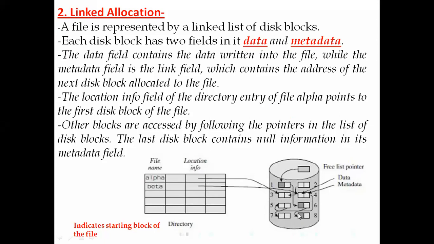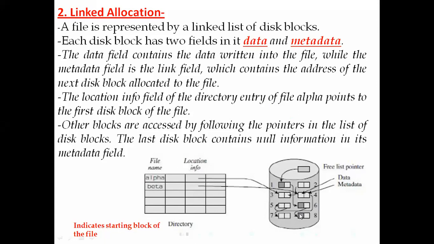Each rectangular block you can see here is called a disk block, available in the hard disk, and each disk block has two fields. The first field is the data field, the second field is the metadata.